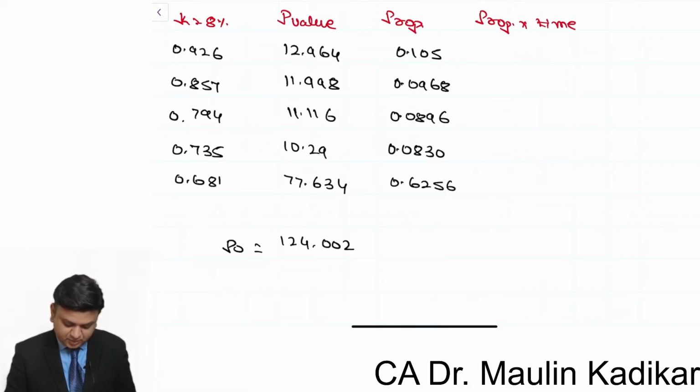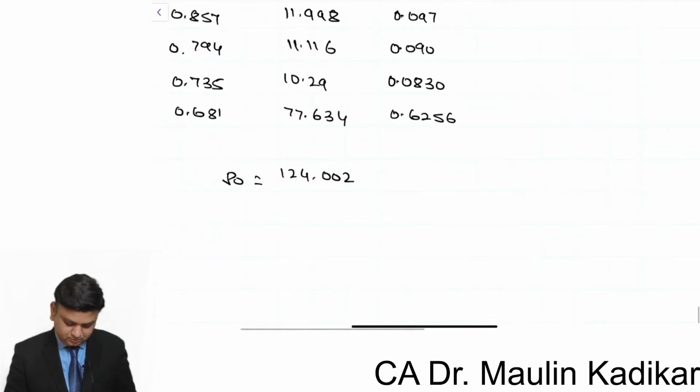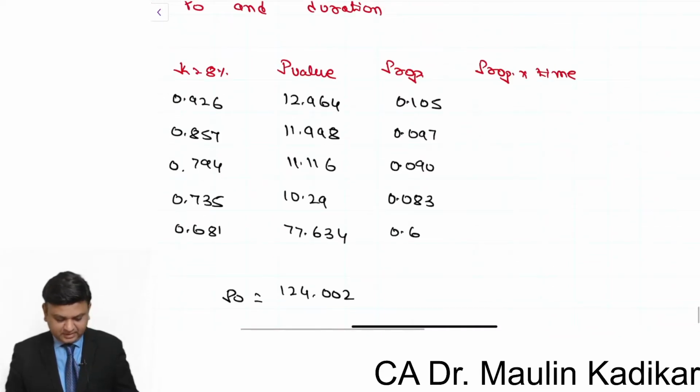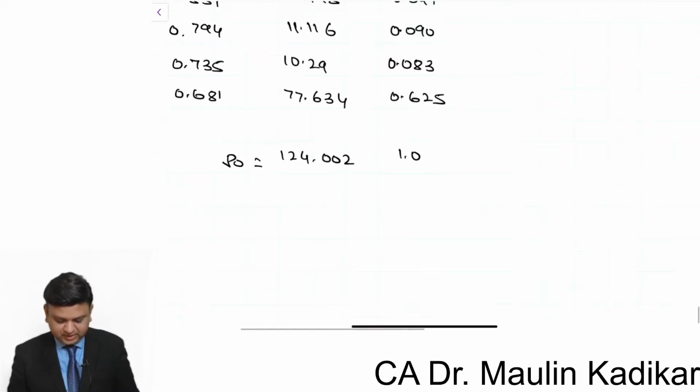I am just changing it, because it is supposed to be in 3 decimals only. So 0.097, 0.09 and 0.083. So 0.105 plus 0.097 plus 0.09 plus 0.083, all deducted from 1, gives 0.625. So the total is 1.